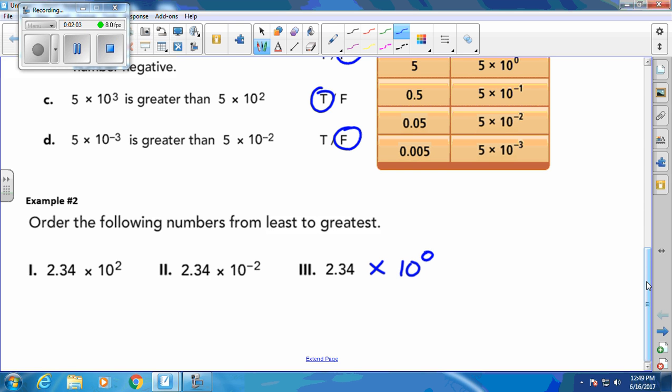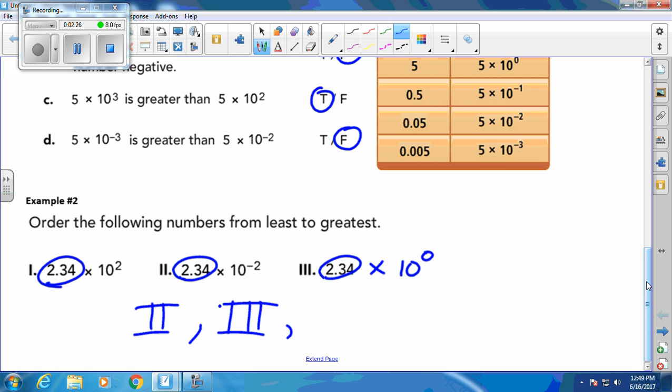So technically, that's the power of 10 that is being multiplied by that 2 3/400. Since you have 2 3/400 for all of these numbers, all you need to compare now is the actual exponents. So the smallest exponent would be the negative 2, so that's choice 2. Then the 0, so that would be choice 3. And then choice 1. Okay?